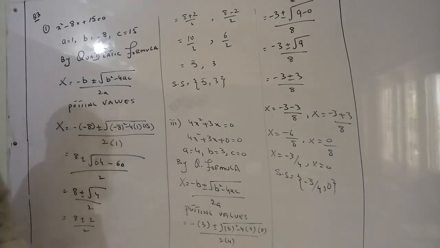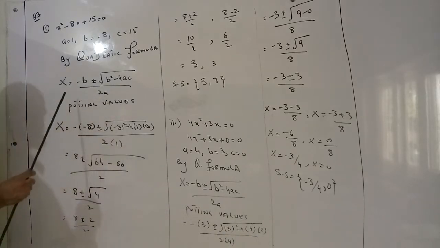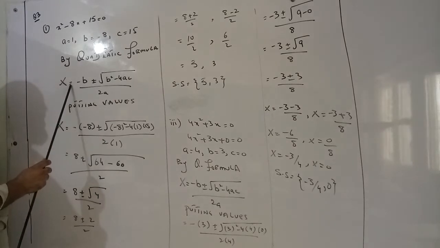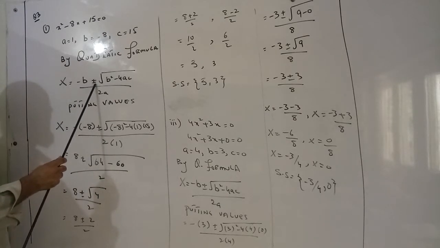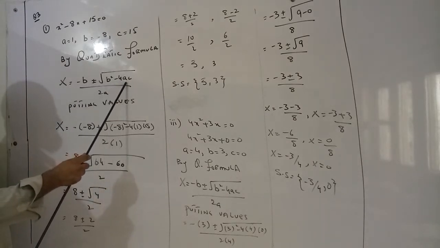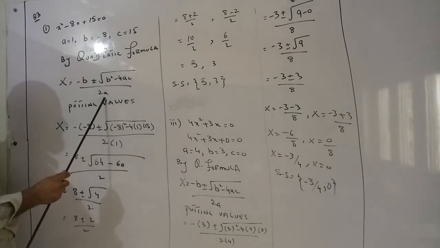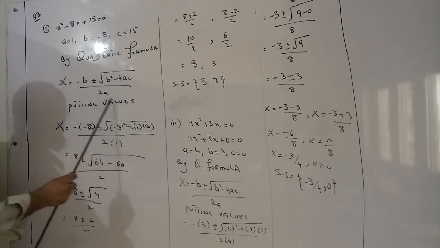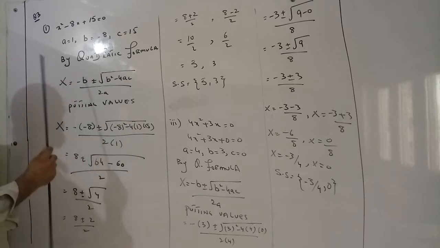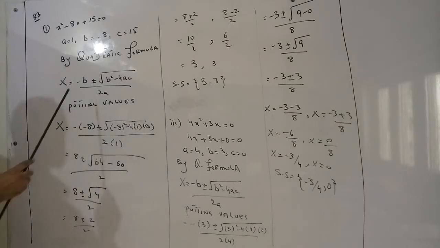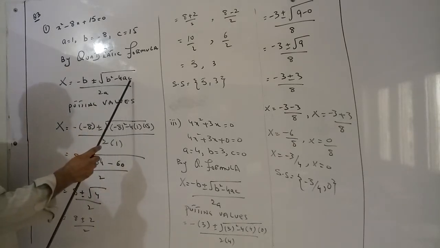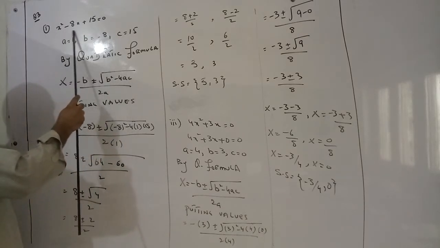What is called the quadratic formula? This is called the quadratic formula. x equal to minus b plus minus square root of b square minus 4ac, divided by 2a, is called the quadratic formula. Now, the value of a, the value of b and the value of c we find from this equation.